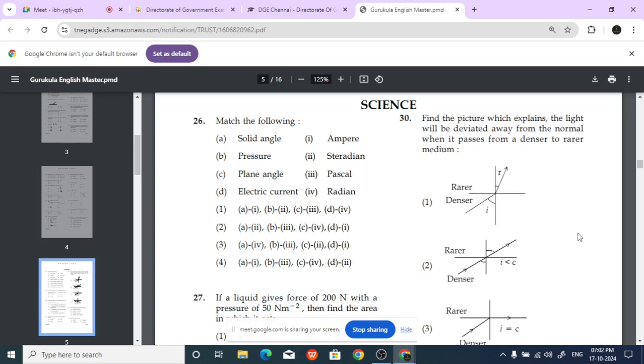Plane angle we always measure in terms of degree or radian, isn't it? Have you heard of this word called radian? No, sir. So what is the circumference of a circle? What is the formula? 2 pi r, sir.